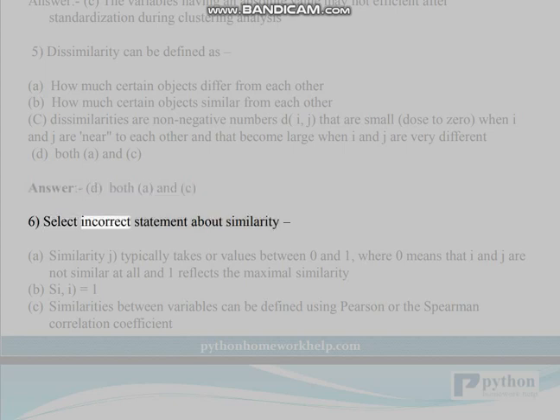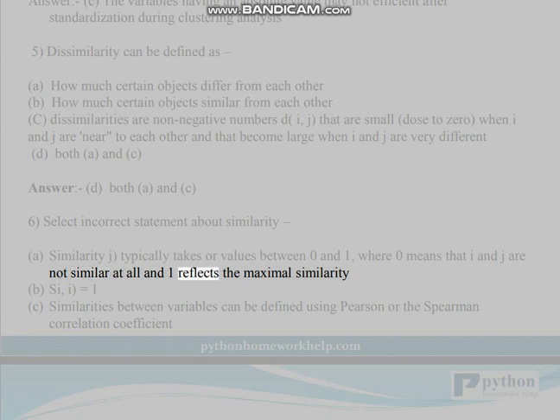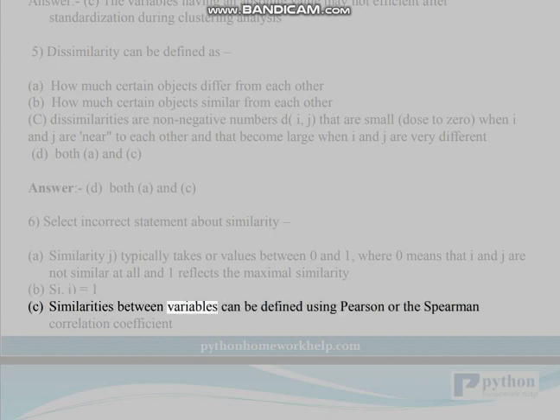6. Select the incorrect statement about similarity. A. Similarity s(i, j) typically takes values between 0 and 1, where 0 means that i and j are not similar at all and 1 reflects the maximal similarity. B. s(i, i) equals 1. C. Similarities between variables can be defined using the Pearson or the Spearman correlation coefficient.